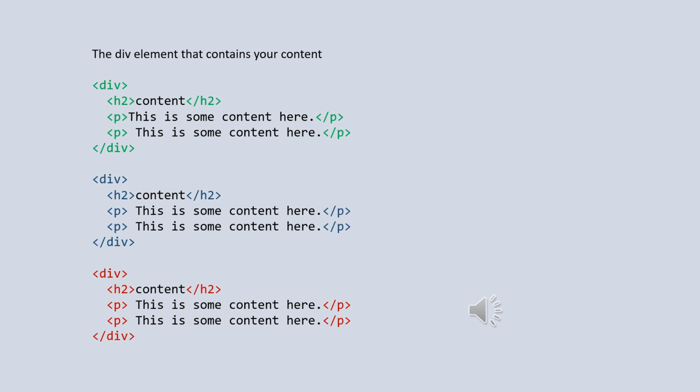The div element contains your content, and I give 3 examples here of 3 different div tags. They're on the same page, but you put a header 2 as the main label, and then you put 2 paragraphs with wording in them.